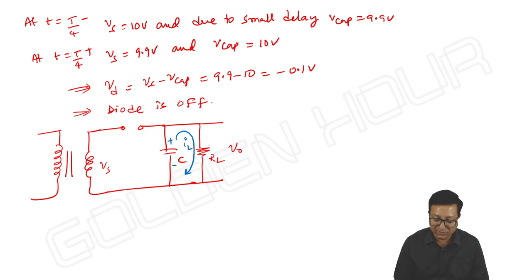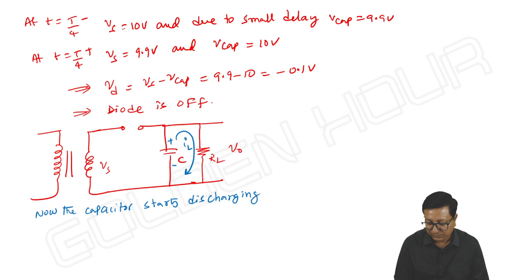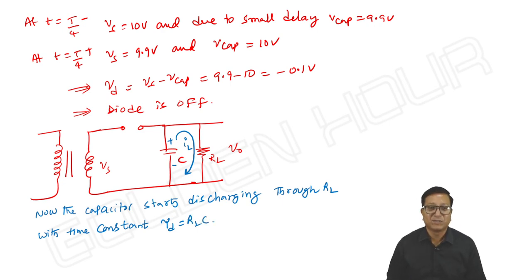So what we can write from this circuit means, now the capacitor starts discharging through RL with the time constant tau d is equal to RL into C. That's it.